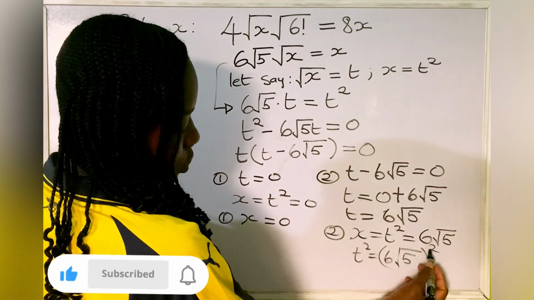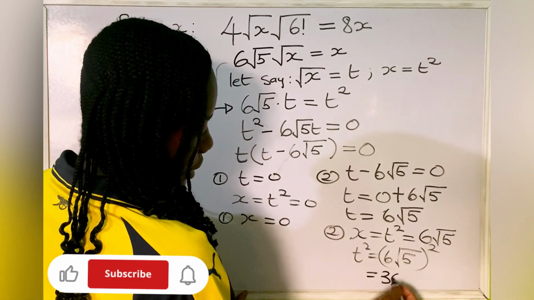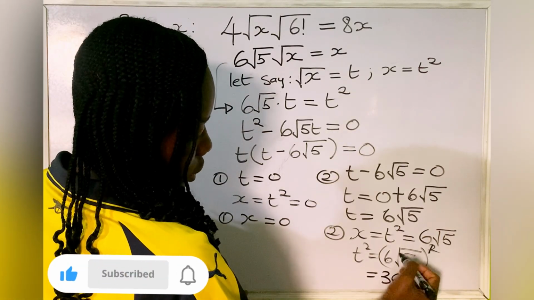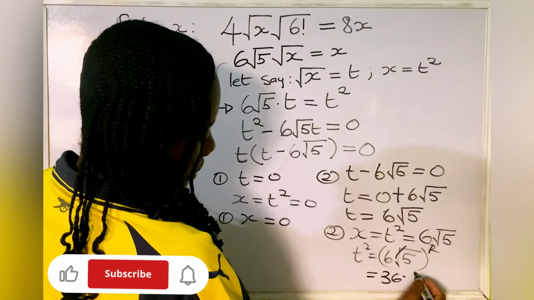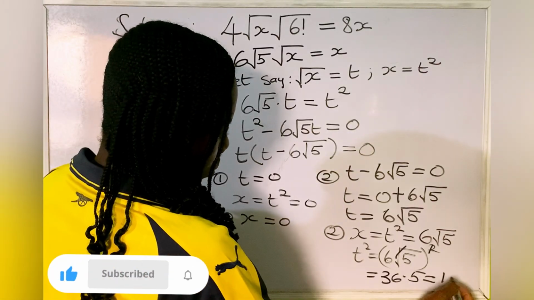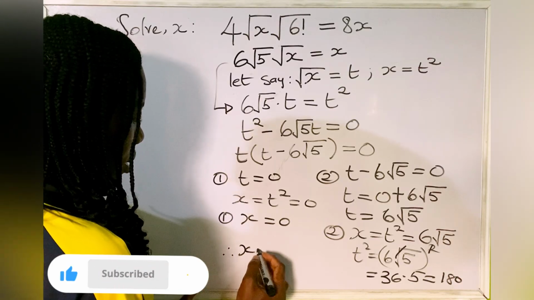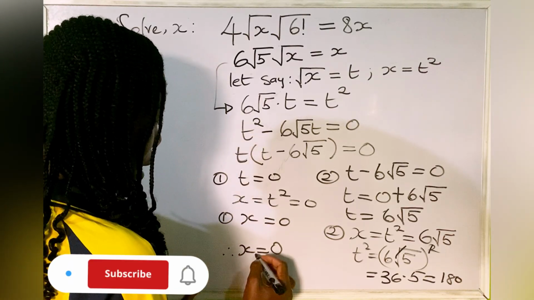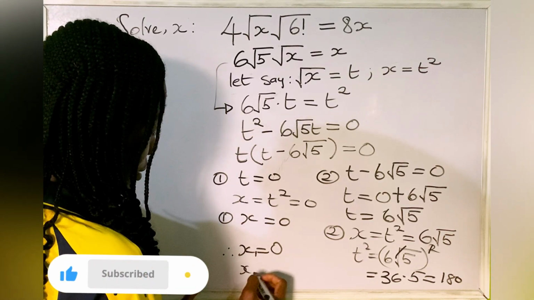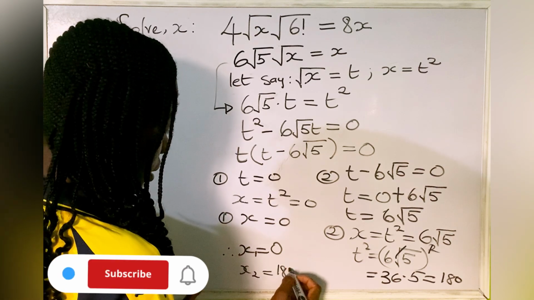So 6 squared is going to give us 36. Squared is going to cancel square root, multiplied by 5. That is equal to 180. Therefore, our x1 is 0 and our x2 is 180.